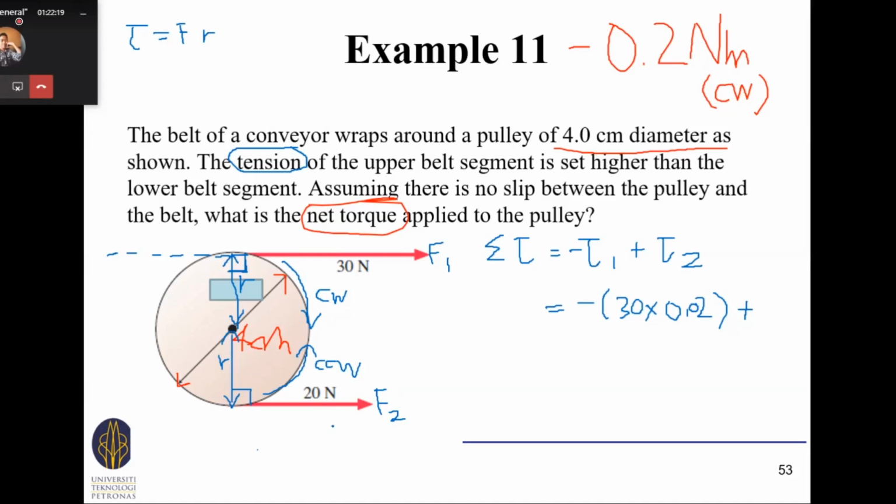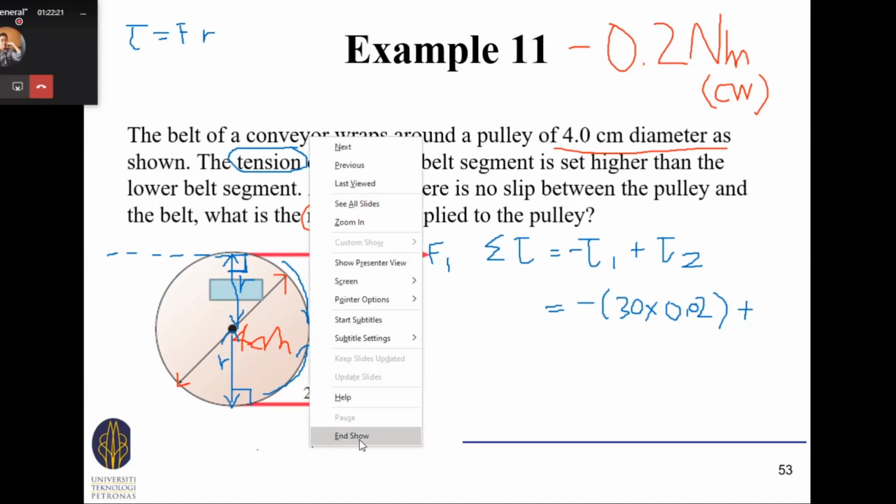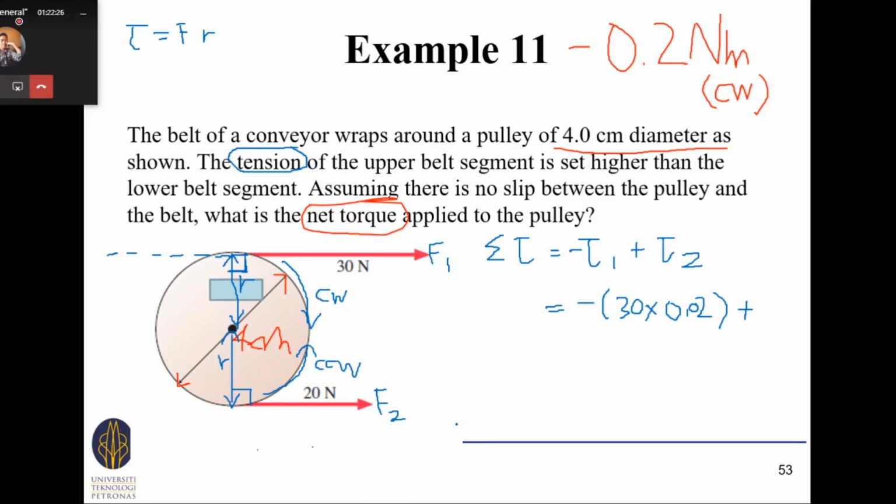So from the first torque, we look at the force 1, 30 Newton. First we try to ignore force 2.